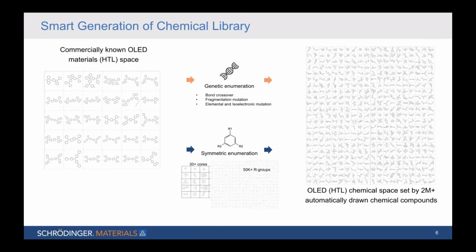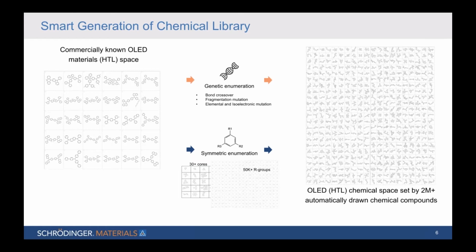One is understanding what the common core structures are in this space. And the other is the R group library. So from the R groups, we apply genetic enumeration that involves bond crossover, fragment mutation, and also element mutation.